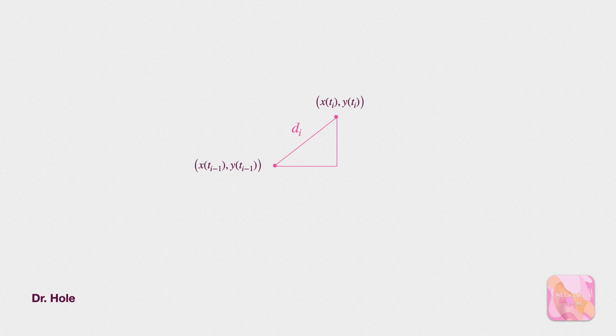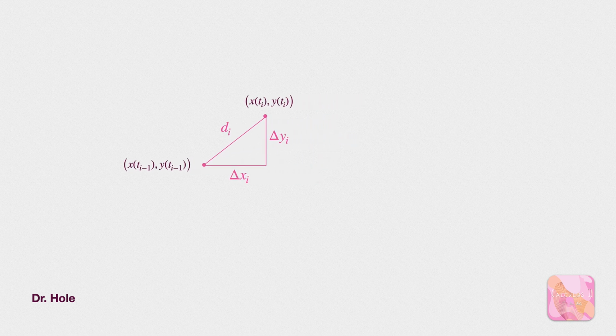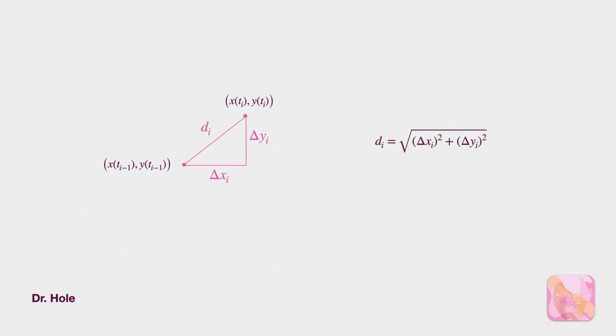Well, it's pretty simple. You just use the Pythagorean theorem. In order to use the Pythagorean theorem, let's label the base and the height, the 2 legs, change in x, change in y. Apply the Pythagorean theorem. The hypotenuse will take the form as the square root of the sum of squares. Perform algebra.